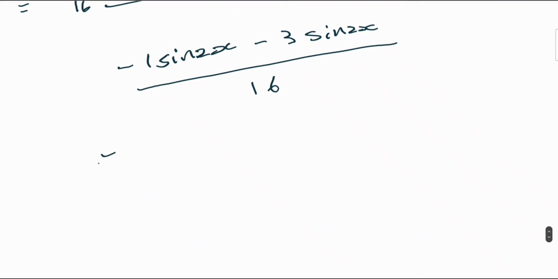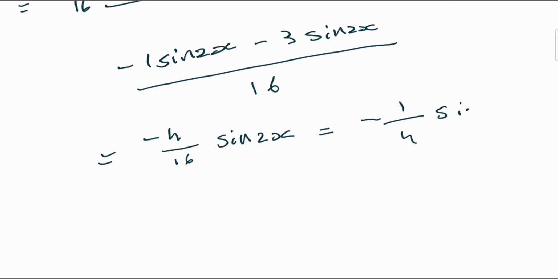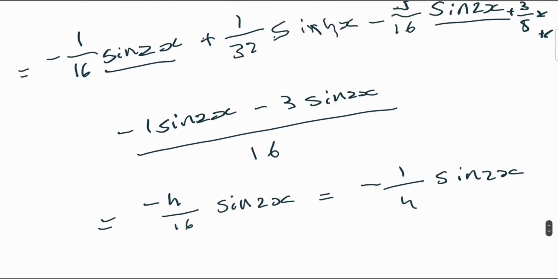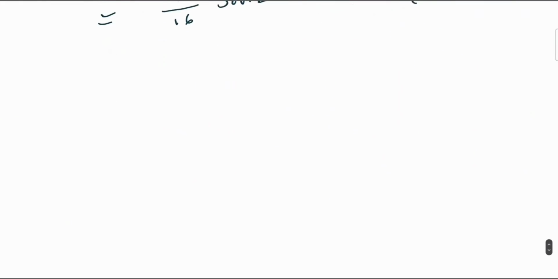So this is going to equal negative 4 over 16 sine 2x, which in turn is equal to negative 1 over 4 sine 2x. So let's add that in, and that should be the end of our equation.